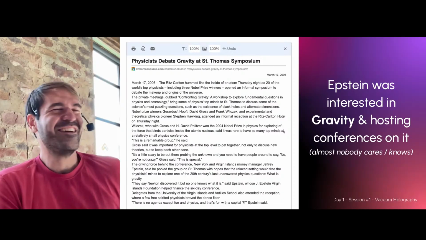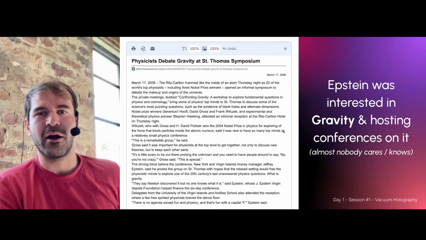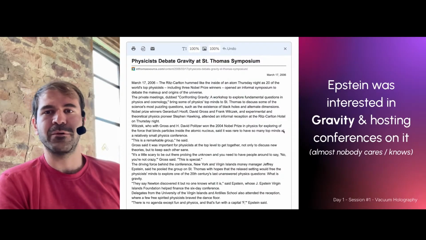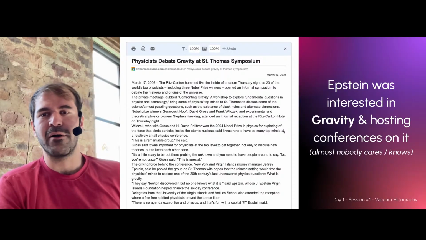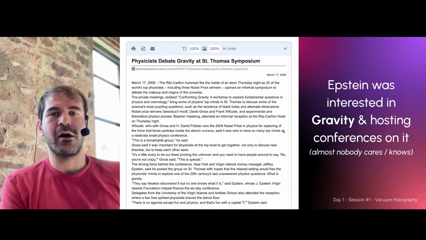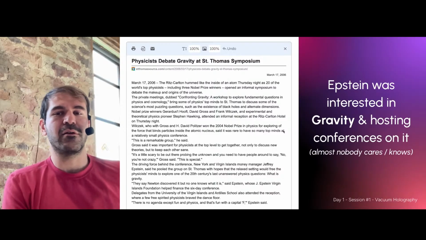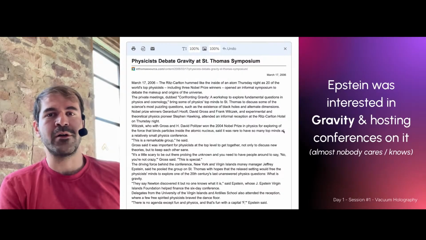Wow. And we're talking about people like Stephen Hawking, Gerard 't Hooft, David Gross, Frank Wilczek. We're talking about some Nobel Prize winners. We're talking about basically one of the most underfunded things.